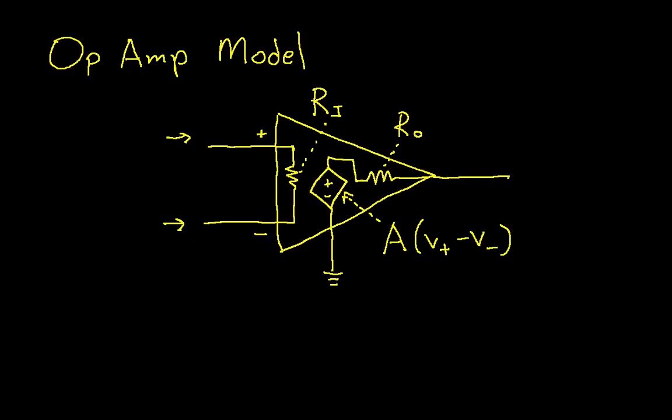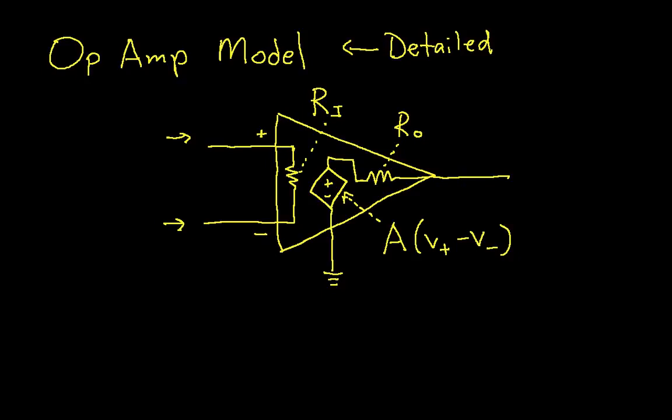So that brings up the question then, how do we do the analysis? It turns out that this model that we have here is sometimes called the detailed model, which is a misnomer because this is actually a very simple model if you look at what actually is involved in putting together an op-amp.